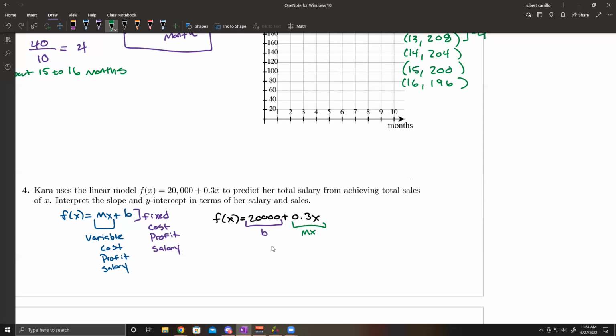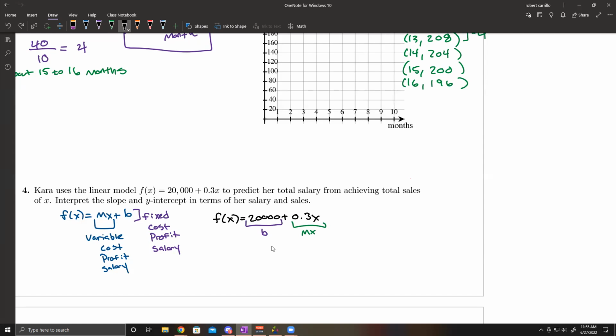Okay, so let's say that Kara makes no sales. This means that X would be 0. So if Kara didn't make any sales, she would still make a salary of $20,000. So this is why $20,000 is going to be our fixed, we're going to call it our fixed salary.